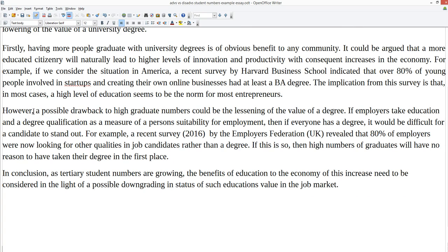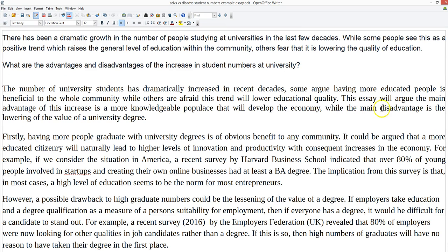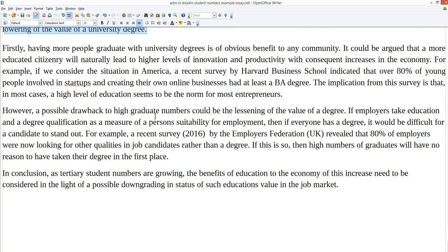However, because we're showing a contrast, a possible drawback to high graduate numbers could be the lessening of the value of a degree. If employers take education, then if everyone has a degree, it will be difficult for the candidate to stand out.